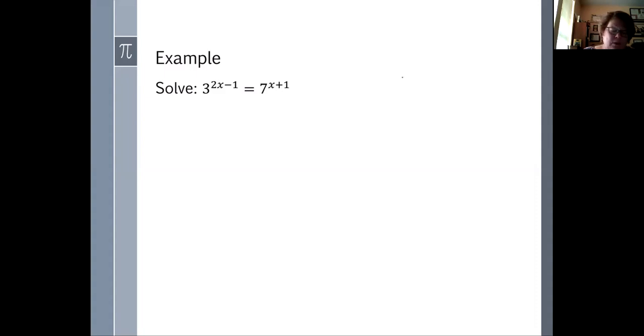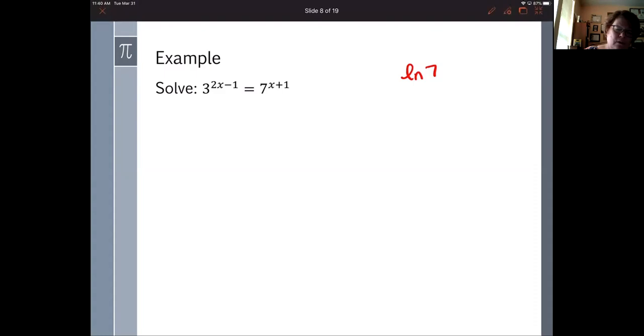So again, the natural log of 7 is just a number. That's its exact value, the natural log of 7. If I took my calculator out and found the natural log of 7, I would find a decimal approximation to it. So this is just a number. Let me erase that, because we're going to need all the space we can get on this slide. All right.